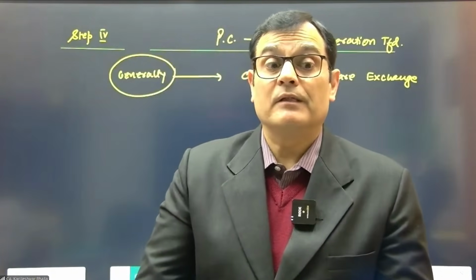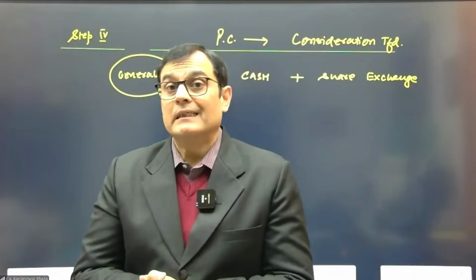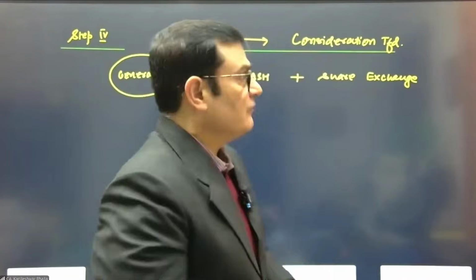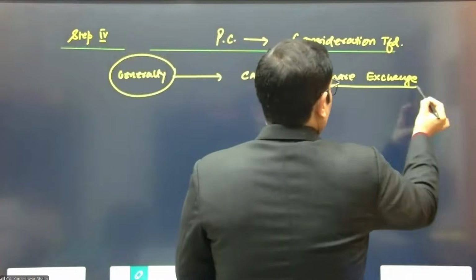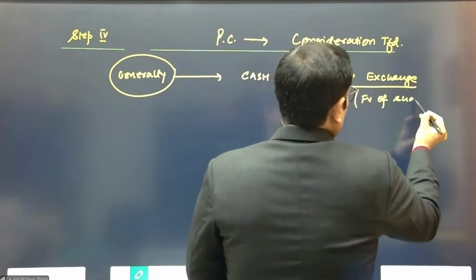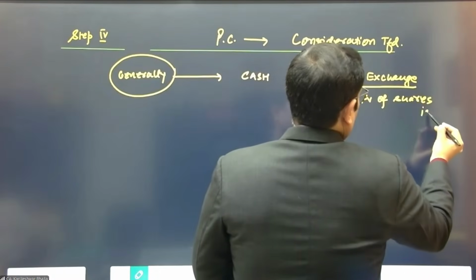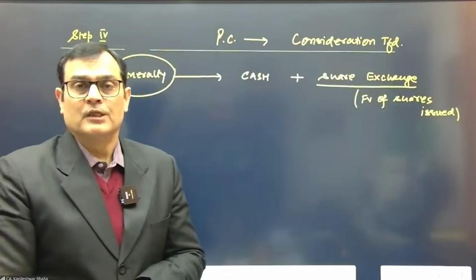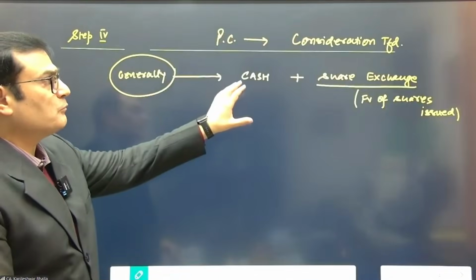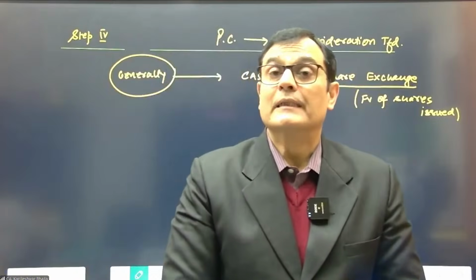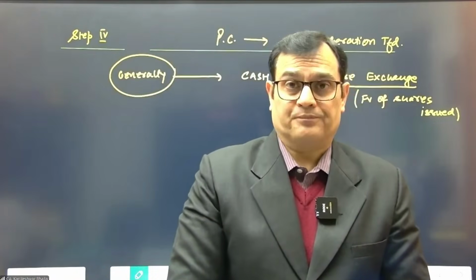Or he says that I will give you shares in my company against the shares acquired. So that's a share exchange. If it is a case of a share exchange, you will take the fair value of shares issued as a part of the PC. So PC generally is going to be a sum total of the cash and the fair value of the shares issued. We'll add the two and we'll get the purchase consideration.